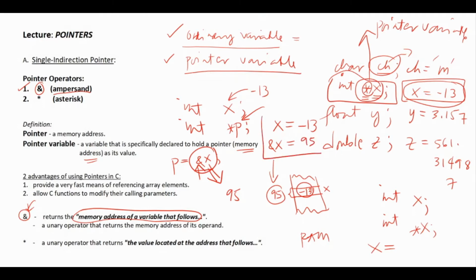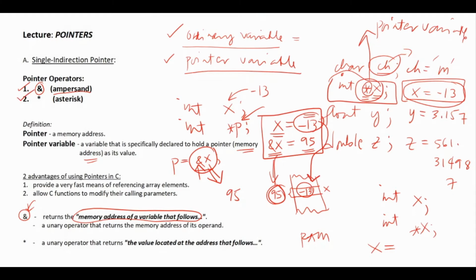So take note of the difference between these two expressions. x, an ordinary integer, has an ordinary value of negative 13, while this expression ampersand x has a value 95. So ampersand x refers to the memory address of the memory location where x is allocated, and this one is the value stored inside the memory location.